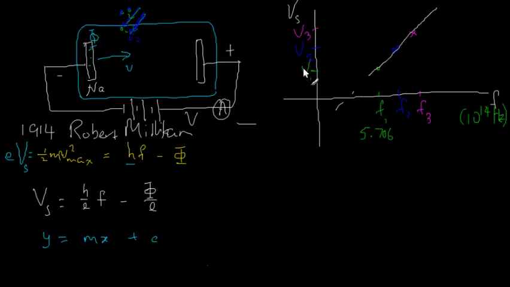Now I don't actually have a value for the voltage, but there's something that I do have. Imagine extrapolating, that means extending this graph all the way down here until we get a y-intercept. What is this y-intercept?